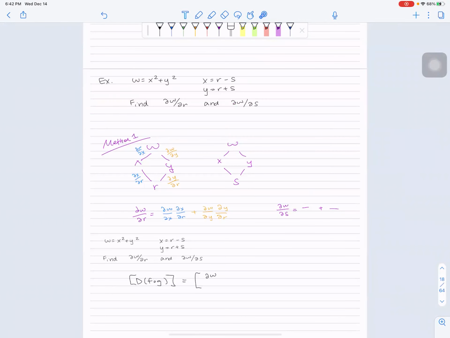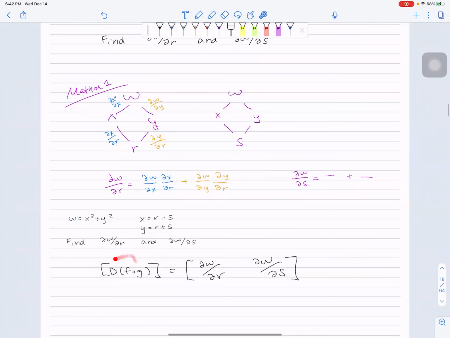Your two inputs are r and s. How do we make a derivative matrix? We take the output as a row, so I'm going to have the partial of w on the top, and each column is an input. So this is going to be r, and this is going to be s. If I just do the chain rule, I'm going to get exactly the partials that I want, because that is what d of f of g means.